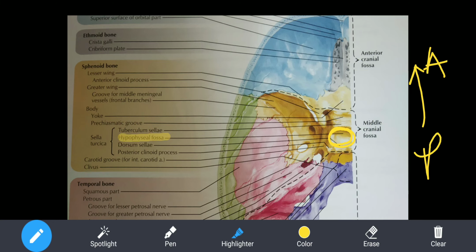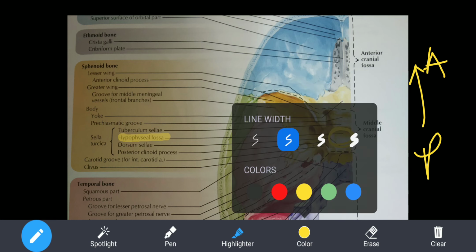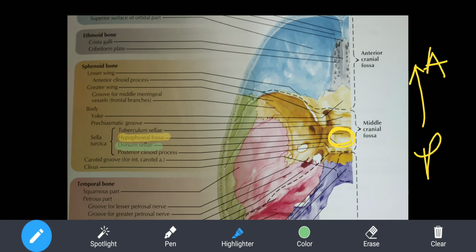Then on the dorsal side, dorsum means behind, and ventral means in front. Your face is the ventral part of your body, and the back of your head is the dorsal part. So what is written here? It is the dorsum sellae. Dorsum sellae and tuberculum sellae.